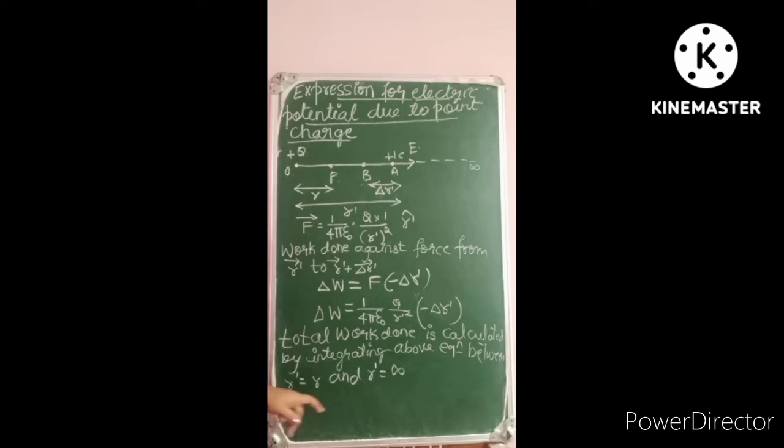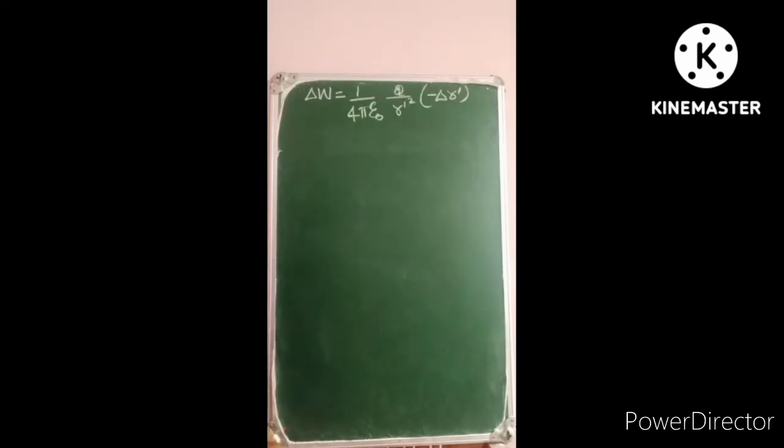Between these values, you have to integrate for the total work done calculation. By integrating this equation between the values R and infinity, we can get the expression for total work done.